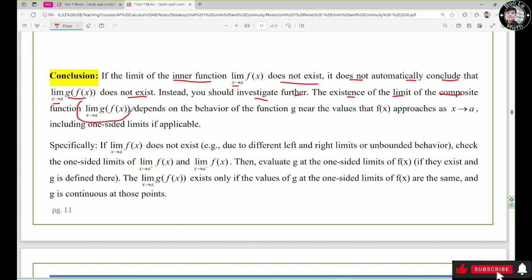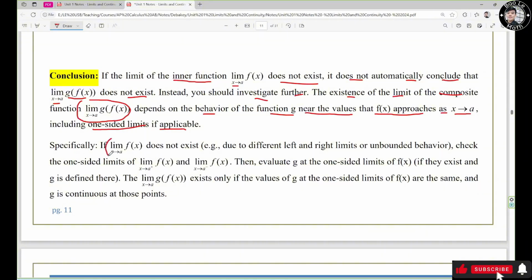The limit of g of f(s) when s approaches a depends on the behavior of the function g near the values that f of s approaches as s approaches a, including one-sided limits if applicable.